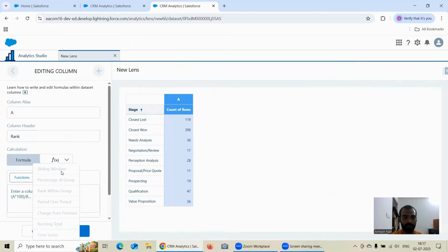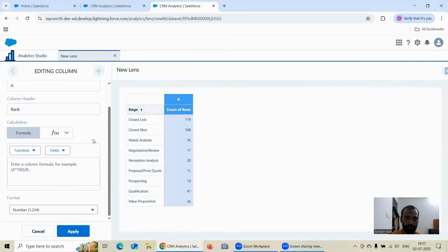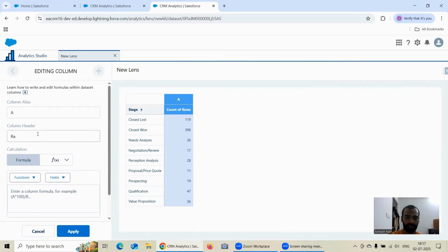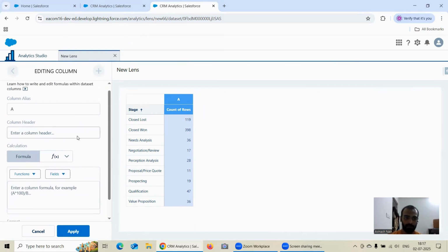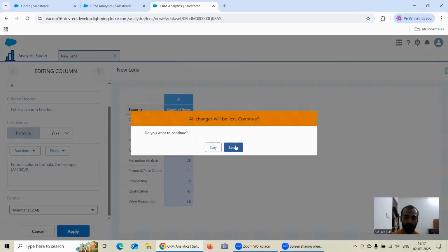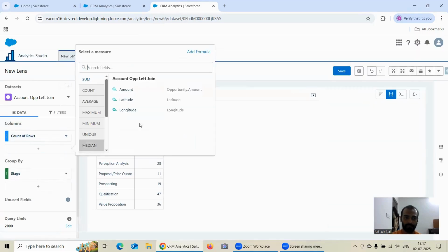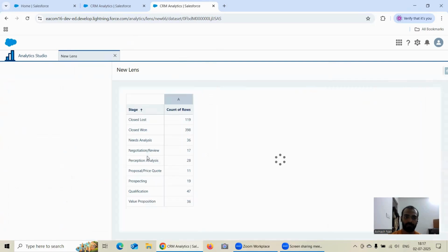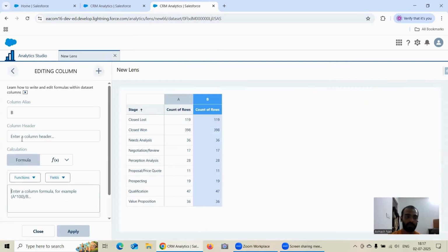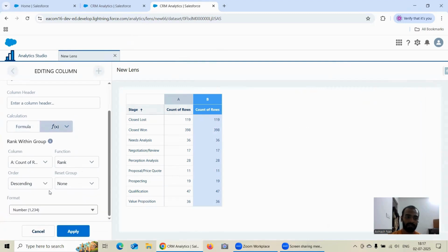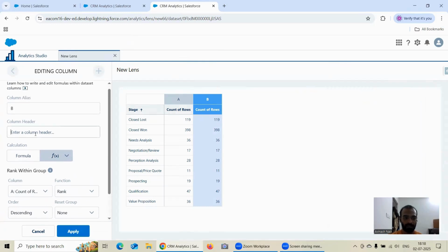This is count of rows. First of all I will go for this rank within group. Here it is rank descending order, which is fine. Now here I will write the column as rank. That is fine. And now again I will click on the plus button.